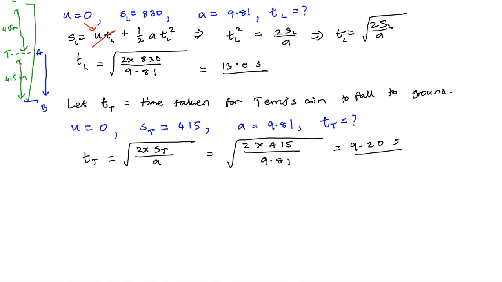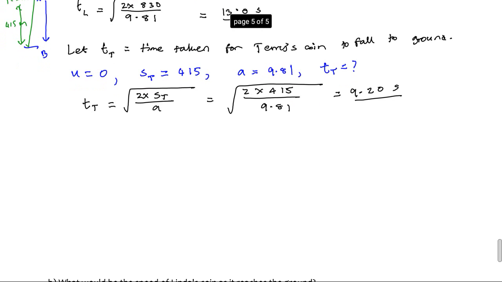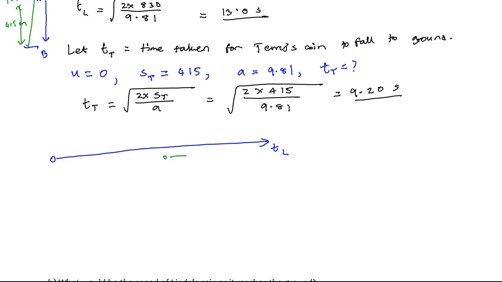So now it's easy to figure it out. If you draw this on a timeline, this is Linda. She drops a coin, and then at a time TL later, the coin hits the ground. And at some point around here, Terry also drops the coin, and then at the same time it also lands.